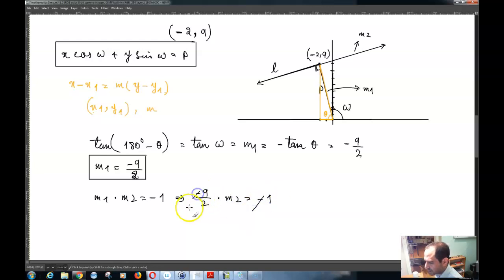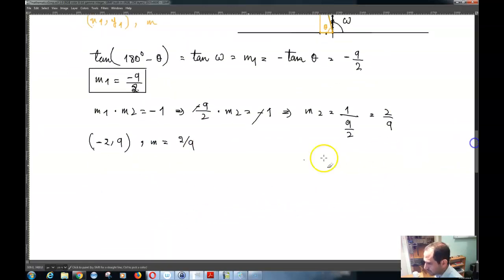I can cancel these two negative signs, and so m2 is equal to 1 over 9 by 2, which is equal to 2 over 9. So the slope of this line is 2 over 9. Now this line goes through the point negative 2 comma 9, and the slope is equal to 2 over 9.